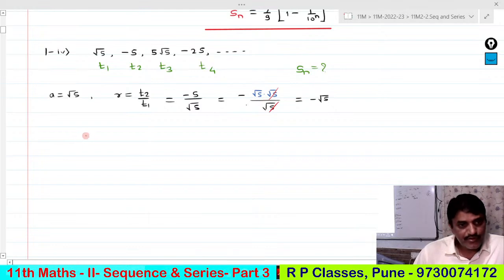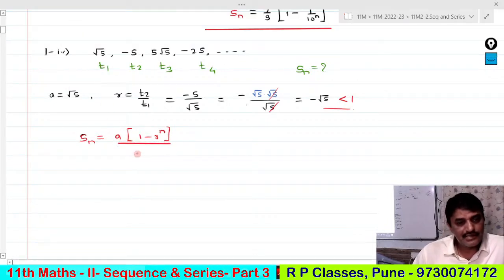So I'll use the formula for Sn. What is the formula for Sn here? Now the ratio, minus root 5, is a negative number, so it is necessarily less than 1. So I'll use the second formula: Sn is equal to A into 1 minus R raised to N upon 1 minus R. That will give me A is root 5 into 1 minus, what is R?